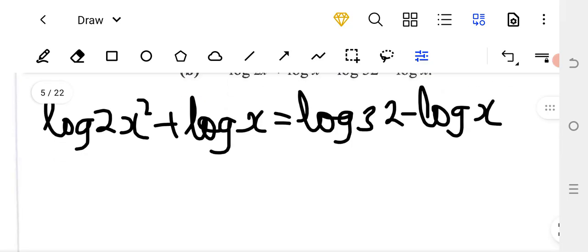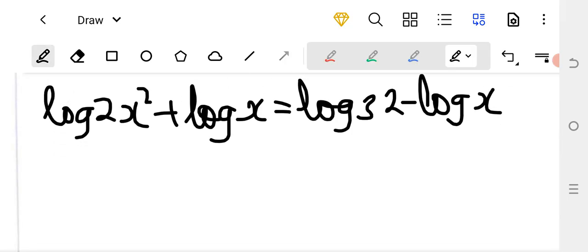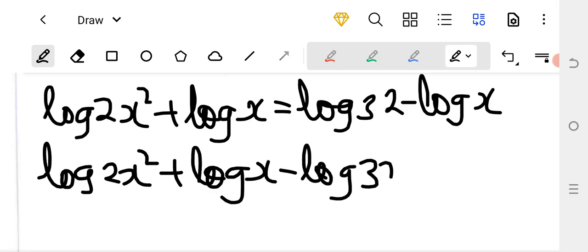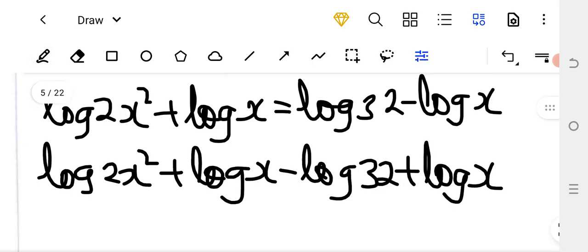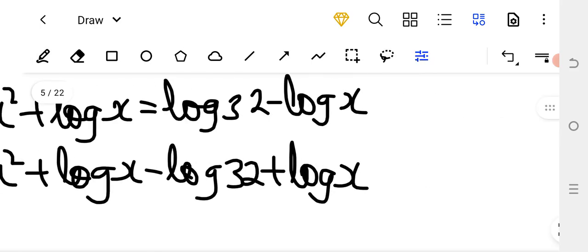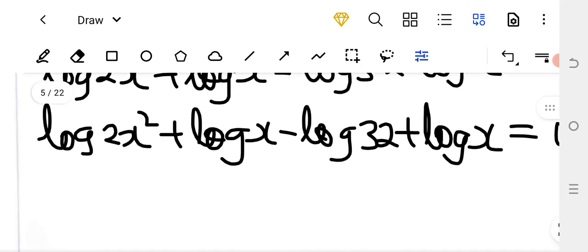So you get everything having log, and then you take it to one side of the equation to be log of 2x squared plus log of x, then minus log of 32, then plus log of x. You're going to say is equal to 0.